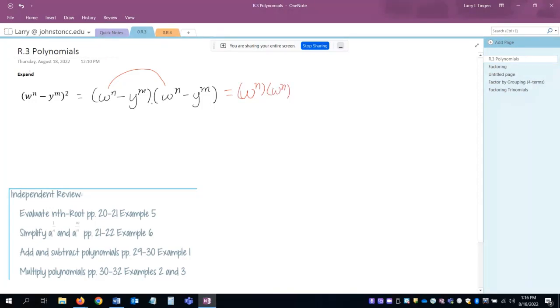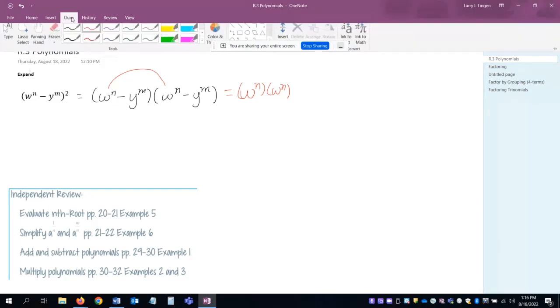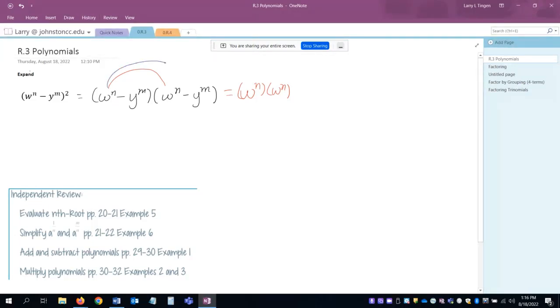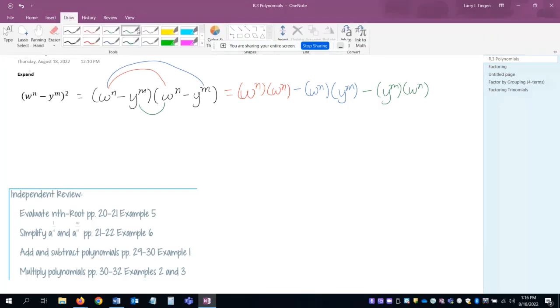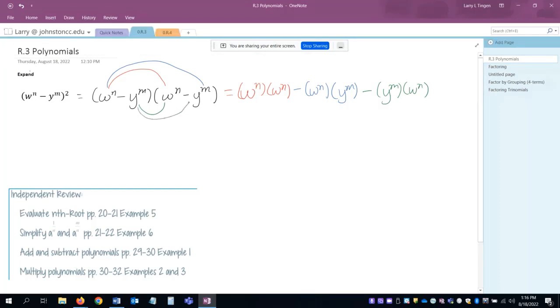And outer, W to the N times negative Y to the M is going to be minus, I'm going to absorb the minus right here, W to the N times Y to the M. Inner, same thing, Y to the M times W to the N, and then last.